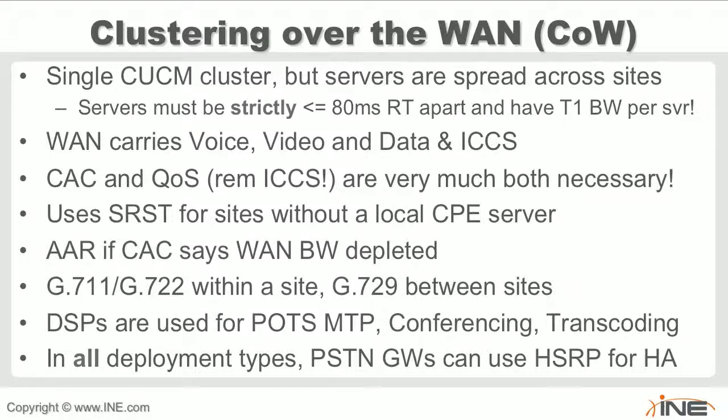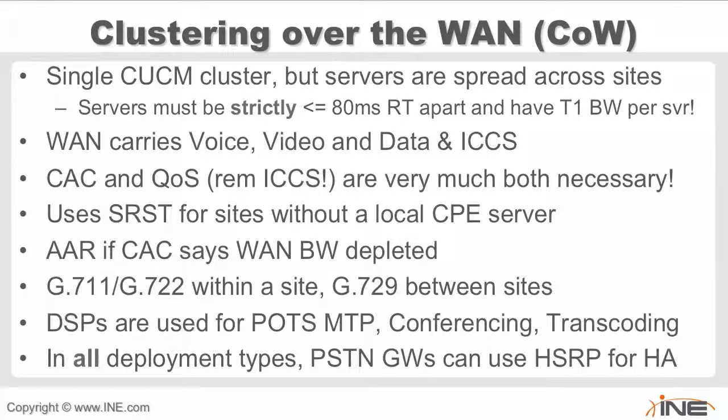Okay. And as I have additional busy hour call limits, BHCAs, then I'm going to need additional T1's worth of bandwidths. So if I have, let's say, 2 servers across the WAN, I'm going to need a minimum of 4.5 megabit dedicated just to those 2 servers and calls to go through.